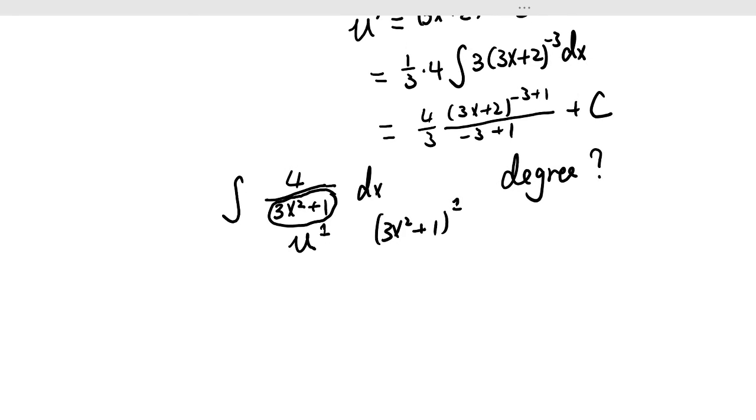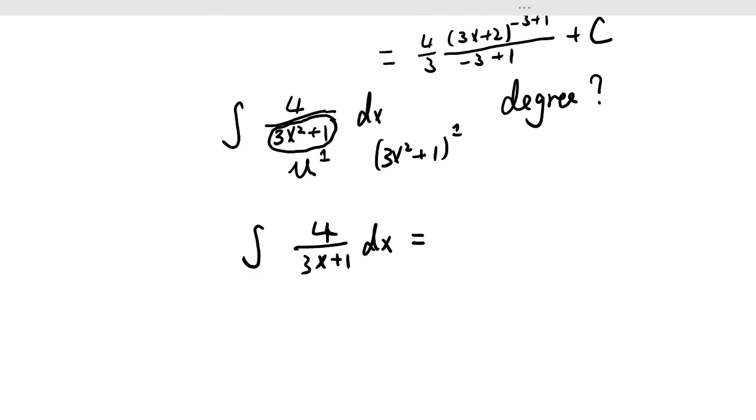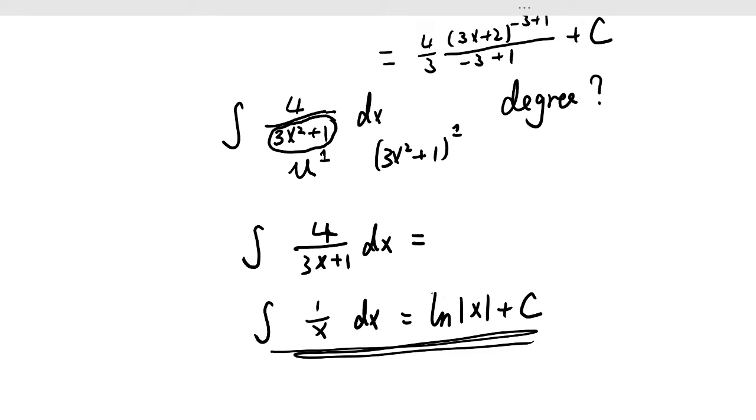Let's think about we have 4 over 3x plus 1 dx. Now let's go back to our formula we discussed. The first formula we provide is 1 over x dx equals ln of absolute value of x plus c. Can we use the formula right here to apply to our new problem?